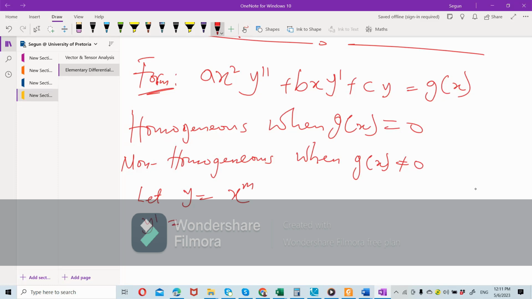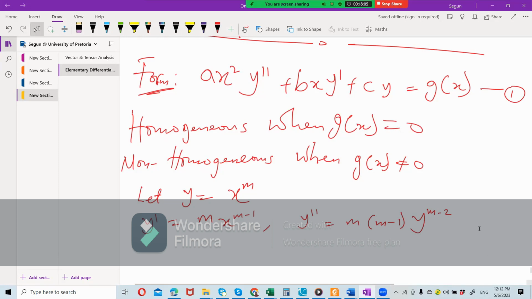Our y prime will be m x raised to power m minus 1. Then y prime prime will be m into m minus 1 x raised to power m minus 2. Don't forget, we can call this one equation 1.